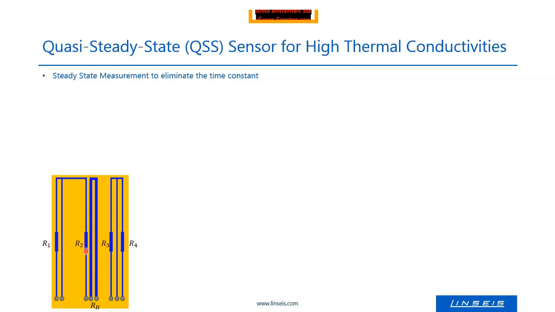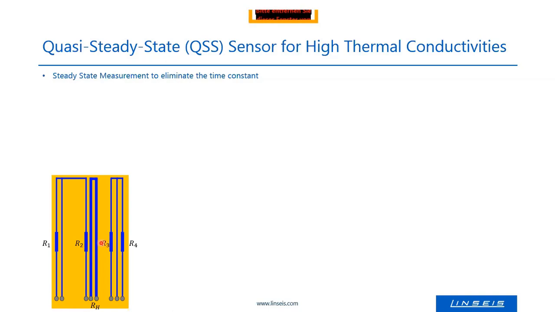Then we have a thermometer, a PT100, at this position, and a second one which has a bigger distance to the heater.